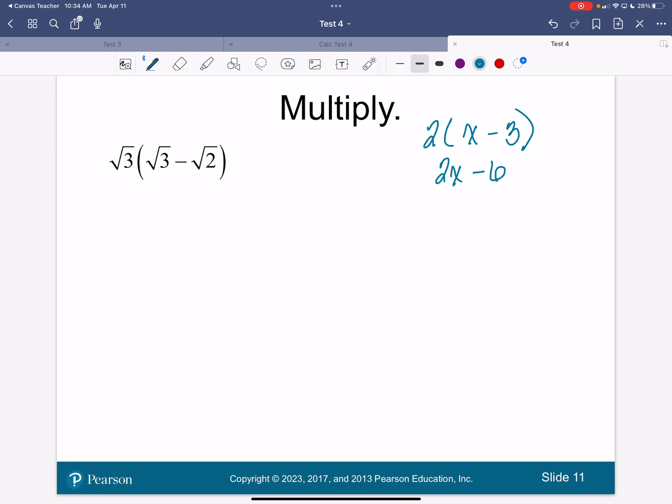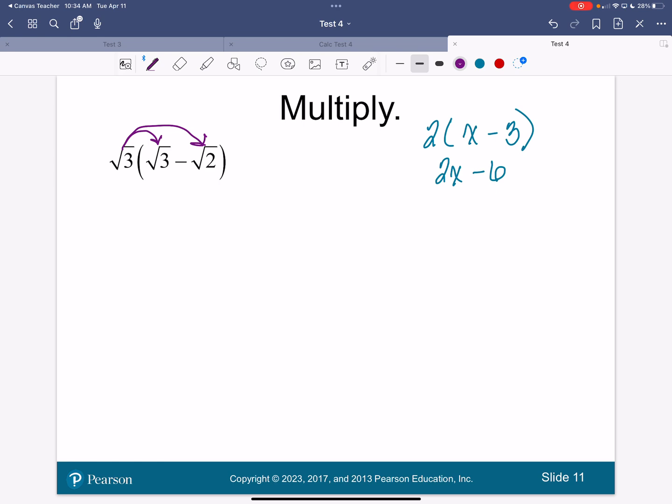We're going to do exactly the same thing here. We are going to distribute this square root of 3 to both terms in my binomial. I am going to write this out so that you can see exactly what's happening here, and I would encourage you to write these out.